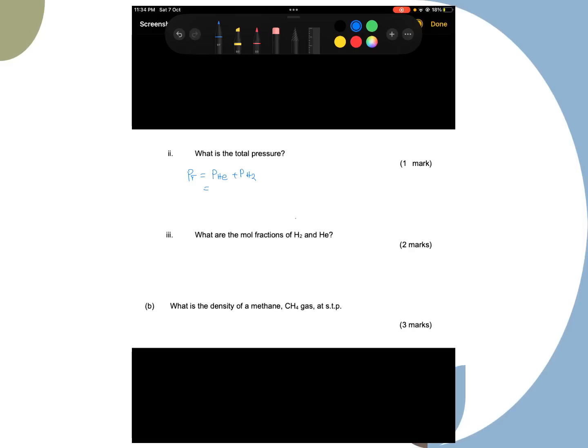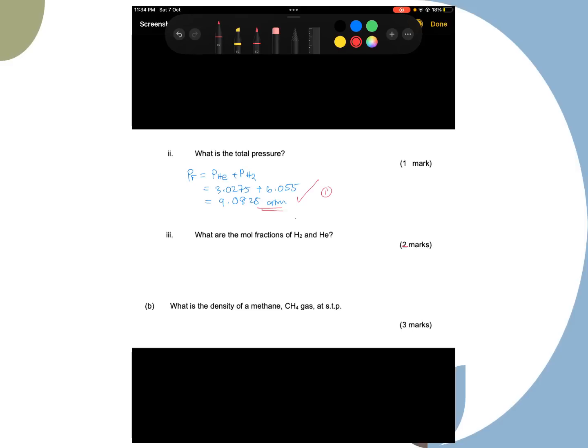So you just substitute: 3.0275 plus the partial pressure of hydrogen, which is 6.055. The final answer will be 9.0825 atm. You will get 1 mark for the correct answer together with the correct unit.